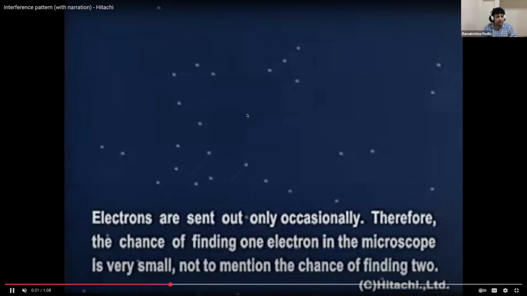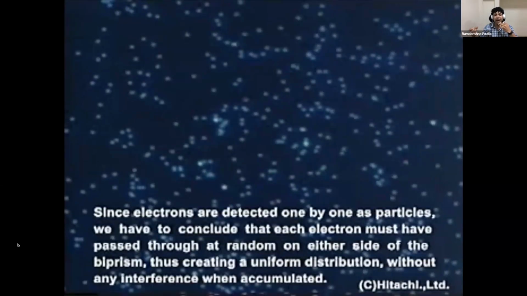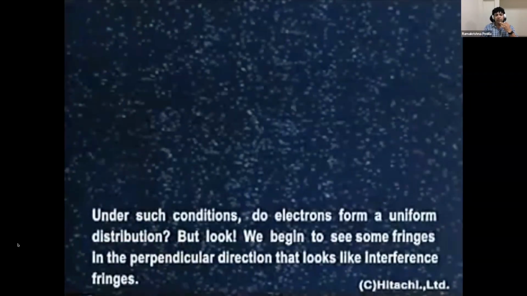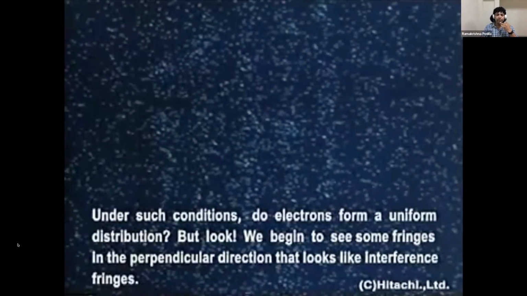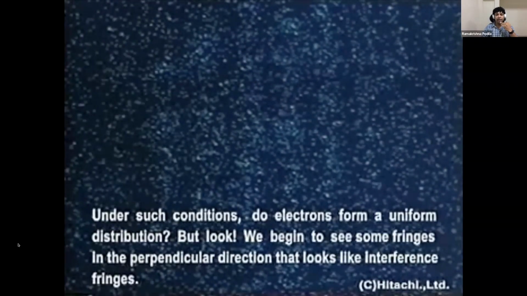But if we do this for a long time, let the electrons accumulate, so keep running this experiment for several hours, you still don't see any pattern, but as the electrons keep getting accumulated, a pattern begins to emerge. So as you see, slowly you can start to see bright and dark fringes as the pattern builds up.